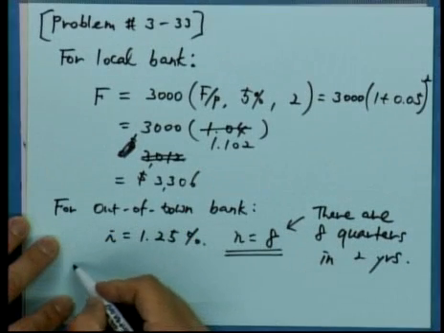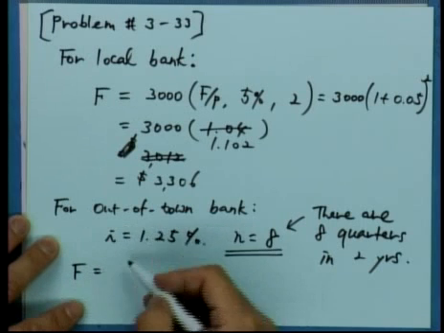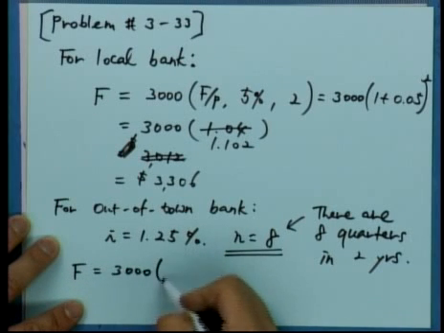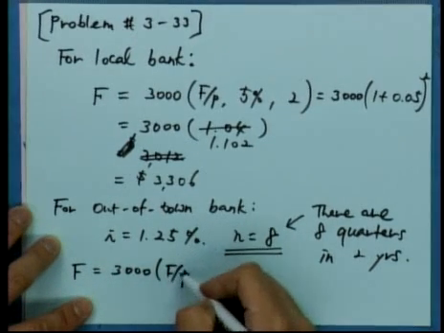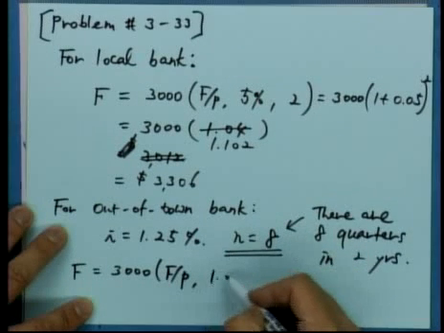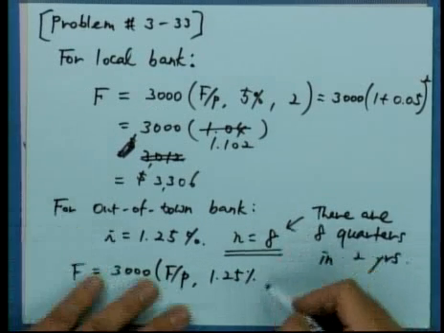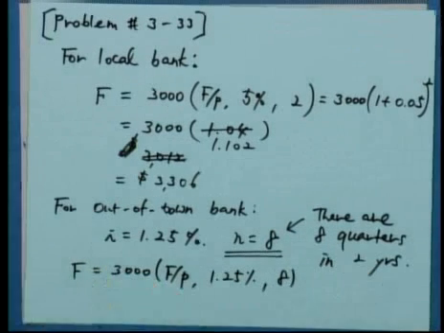So using the same formula, F equals 3,000 times F given P, 1.25% over a period.